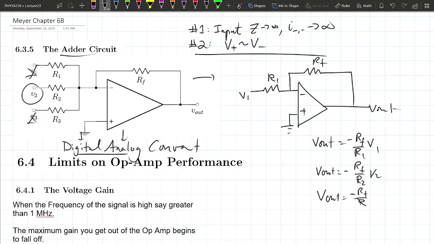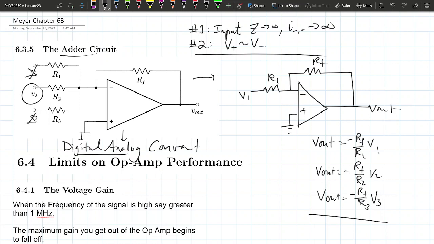Okay. So these are just 3 separate inverting amplifiers that will give you an amplification with this ratio, RF over R1, or RF over R2, or RF over R3, depending on each voltage. So it'll amplify each of the voltages differently for you.